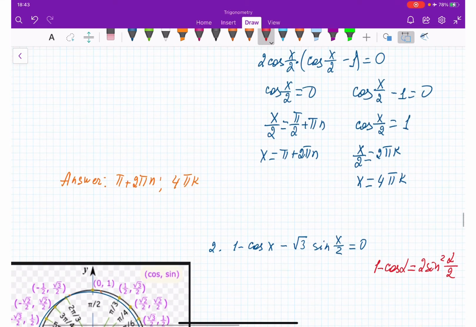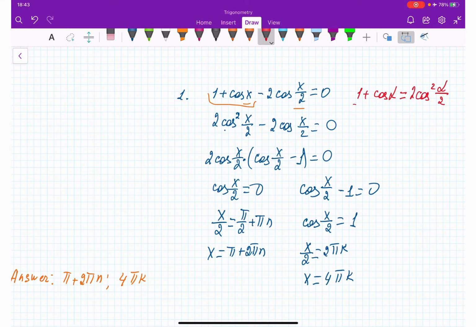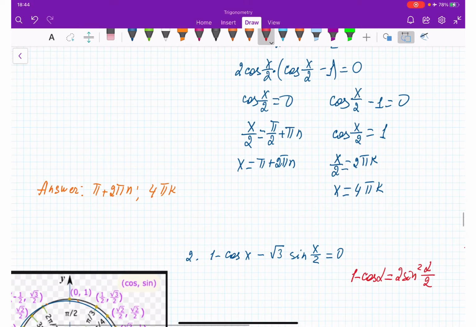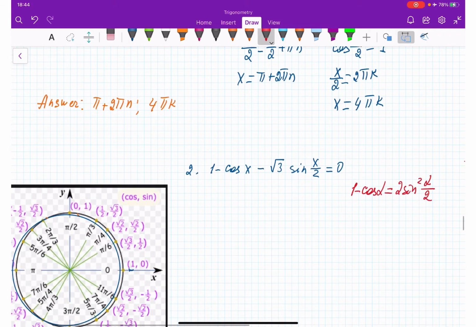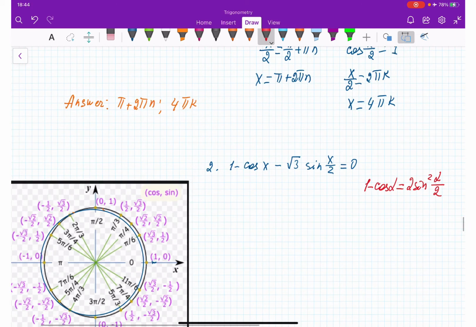To remind you, we used a similar formula: 1 plus cosine alpha is equal to 2 cosine squared alpha over 2. But when you do 1 minus cosine alpha, you are going to get 2 sine squared alpha over 2.